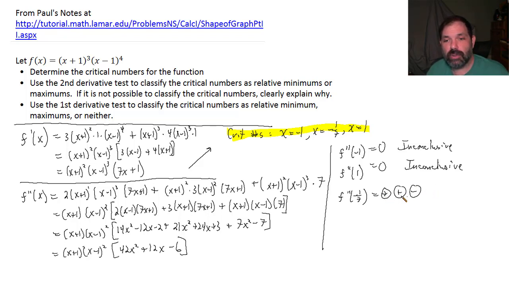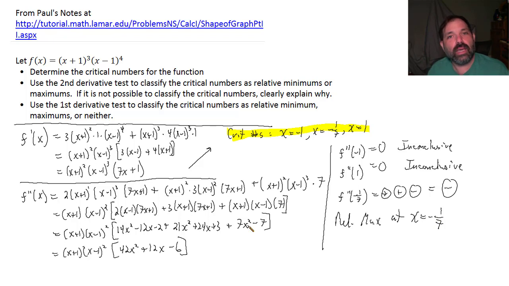So I have a positive times a positive times a negative. That's negative. And so what that's telling me is, since -1/7 is critical, and the second derivative is negative, that means the original curve is concave down there. So that means I have a relative maximum at x equals -1/7.